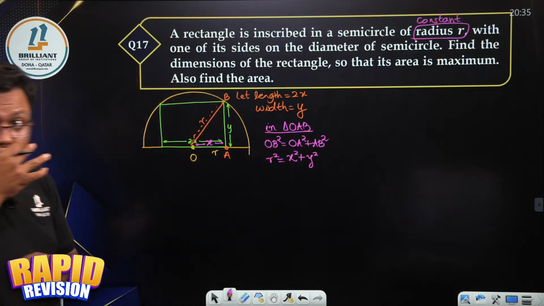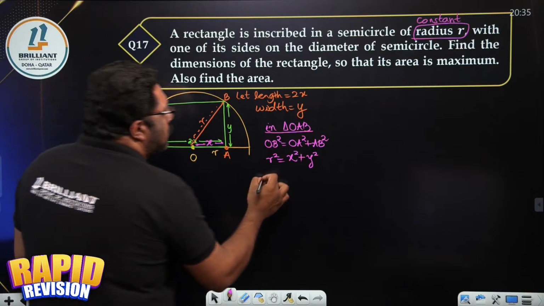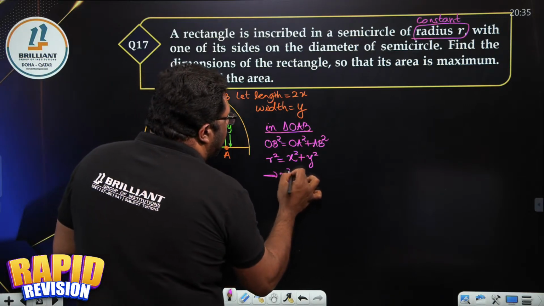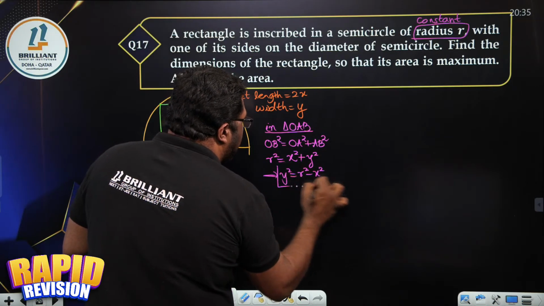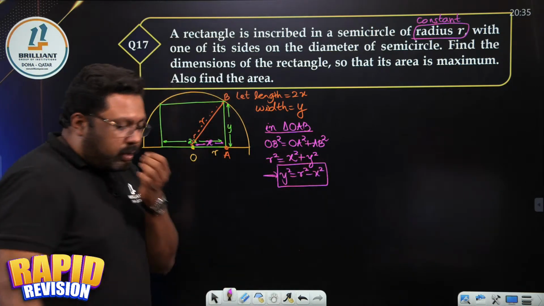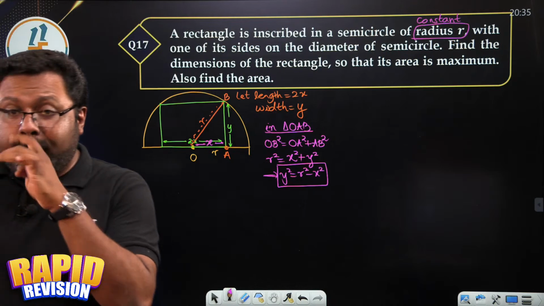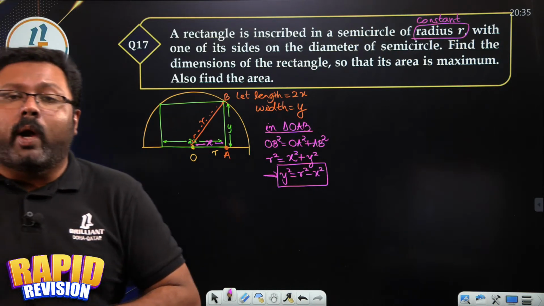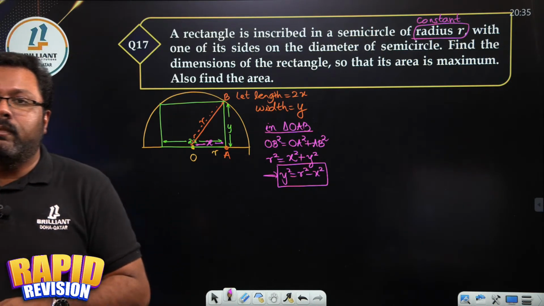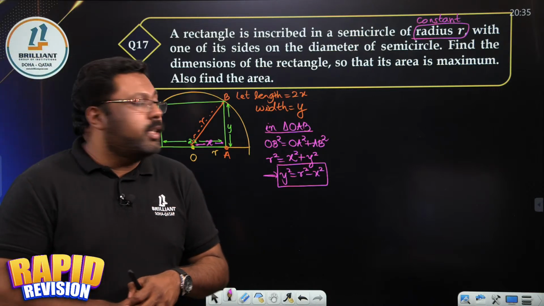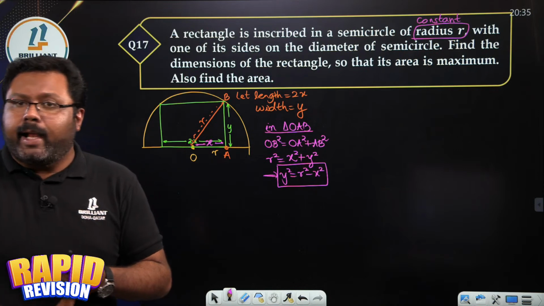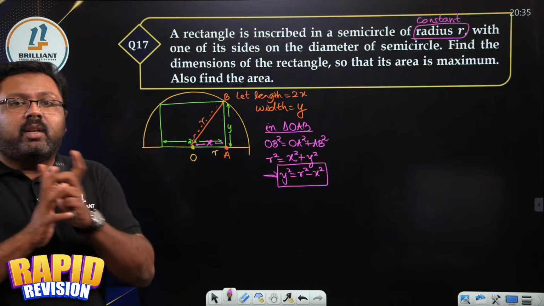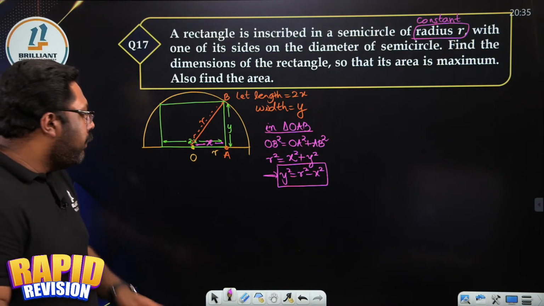Keep it like this, don't disturb it. y squared is equal to r squared minus x squared. Not going after the square roots. The second reason I do not like square roots in my expressions for maximization and minimization. First one, I don't like fractions. Second one, I don't like square roots. So I prefer to avoid those kinds of values.